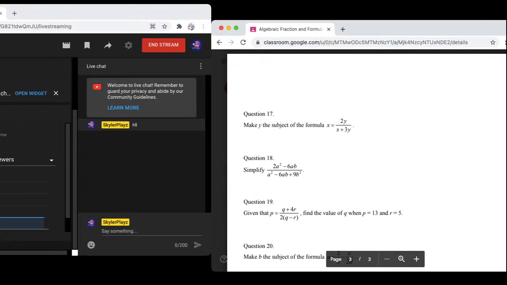We reverse the fraction, so 1 over x is equal to x plus 3y, all divided by 2y. And then 1 over x is equal to x divided by 2y plus 3 over 2. Because we cancel out the y on the right hand side of the fraction, and then split it into two sides.